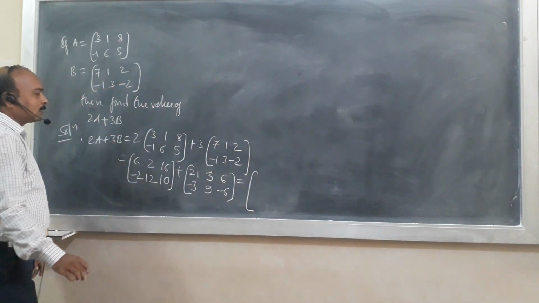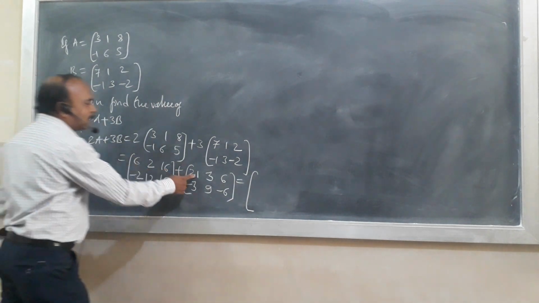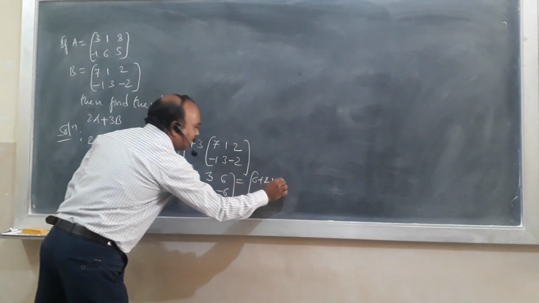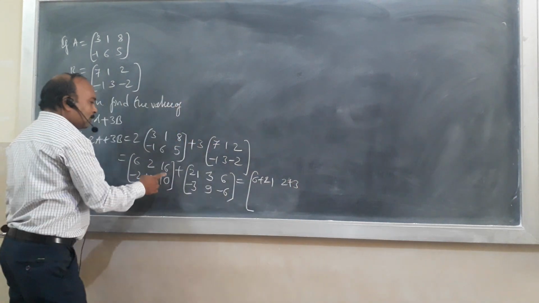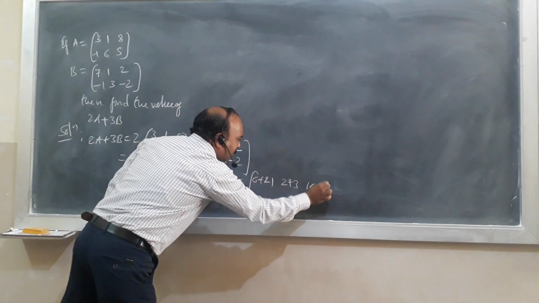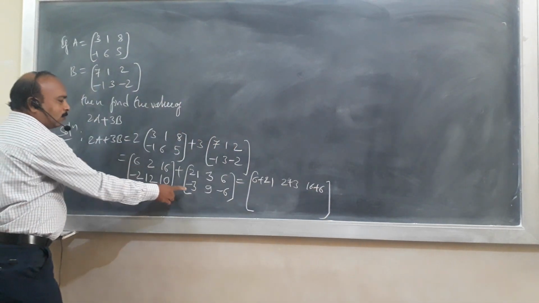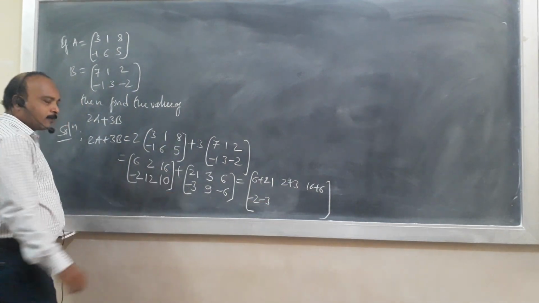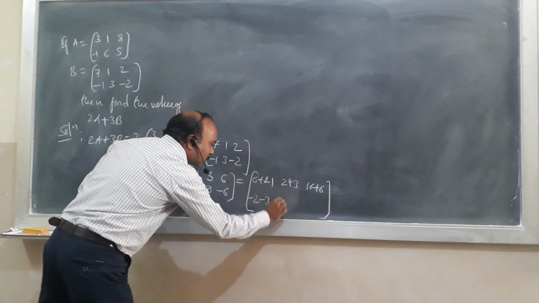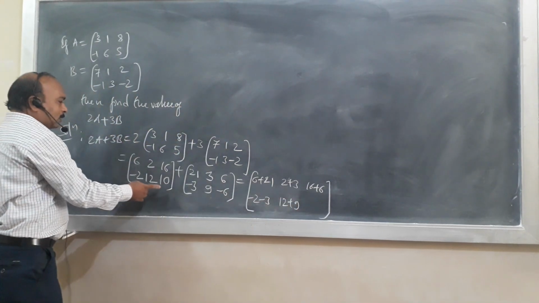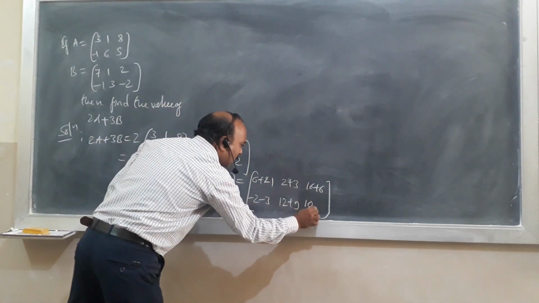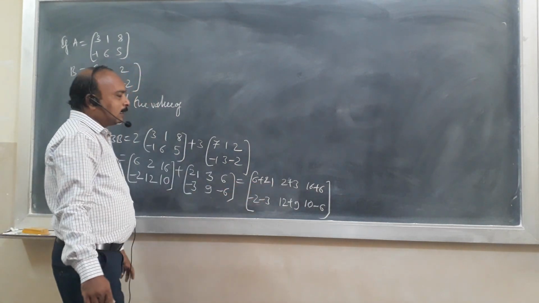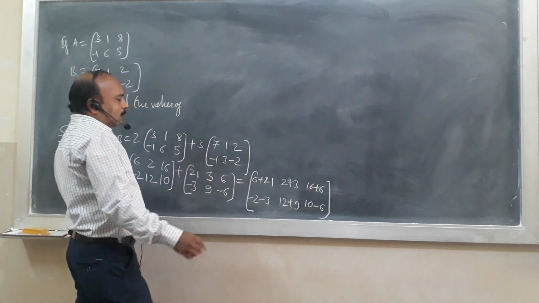It is given like this: 6 plus 21, because they are corresponding elements; 2 plus 3; 16 plus 6; minus 2 minus 3, because plus into minus 3 is minus 3; 12 plus 9; 10 minus 6, because plus into minus 6 is minus 6, that is 10 minus 6.